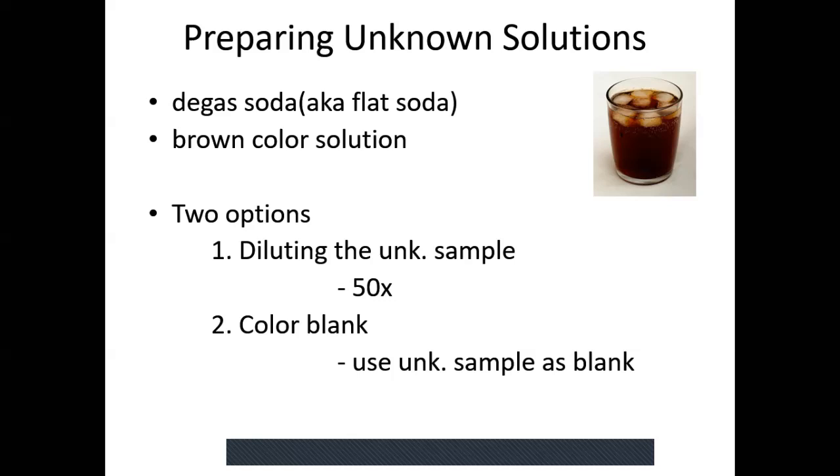You could blank with soda, and that would remove any background absorbance, and then you can add your ammonium molybdate, ammonium metavanadate to the solution to give it a yellow color, and then run it again. So these are two options for preparing your unknowns. You can dilute by a factor of 50.